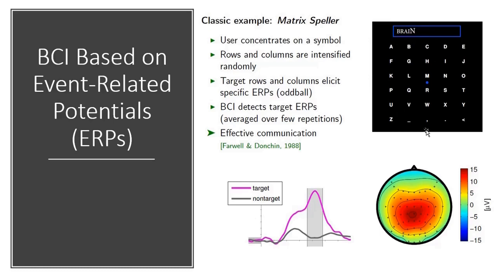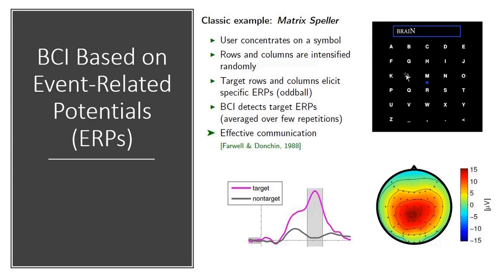Right? So this is called a brain-computer interface based on event-related potentials. Here, the user concentrates on one of the symbols that is being flashed, usually in a pseudo-randomized order. So either rows or columns are intensified randomly. So you focus, pay attention, or attend to some letter.